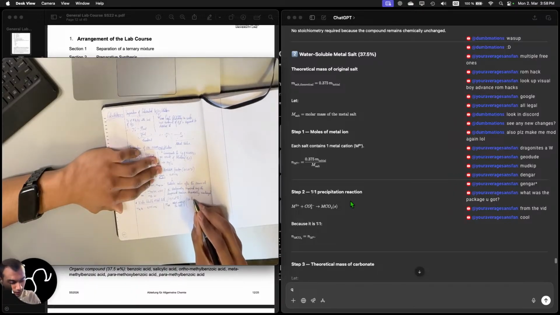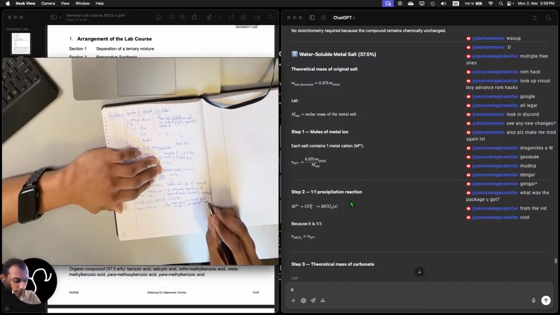We have to figure out which M2+ was separated. We got a sample.